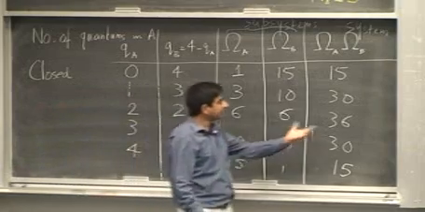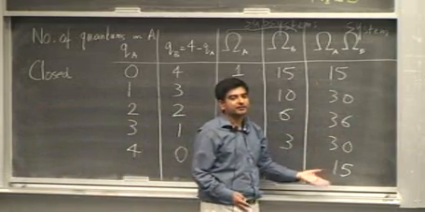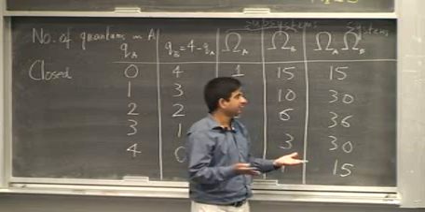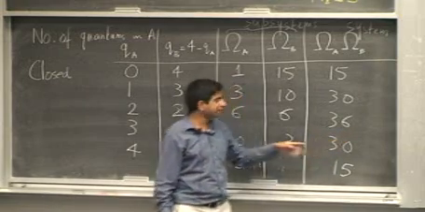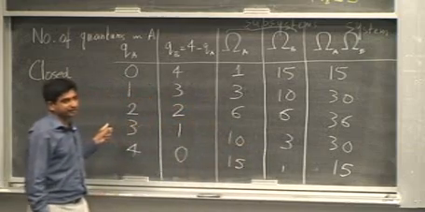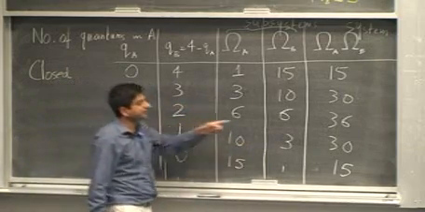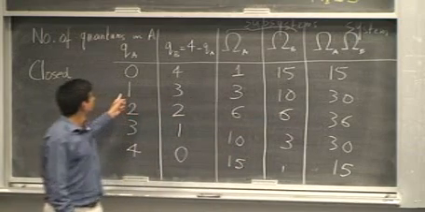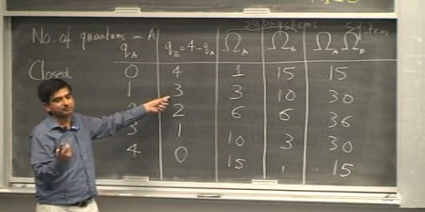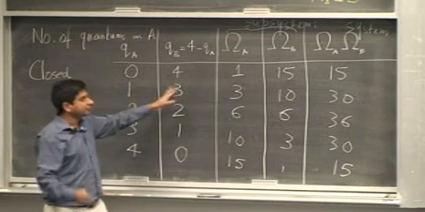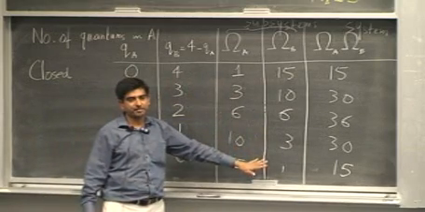Hence the higher the possibilities, the more will be the probability. So there are 36 possibilities in which the quanta are equally shared. There are 30 possibilities in which A has 1 quantum and B has 3 quantums. So do you understand what this table means?